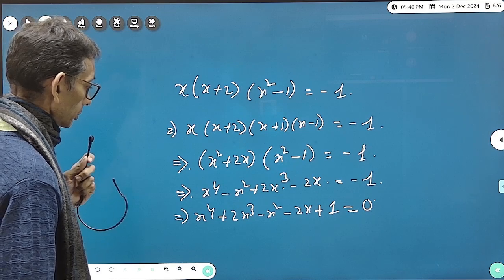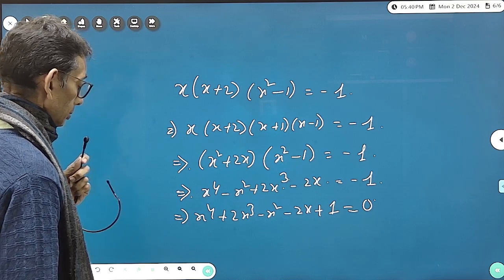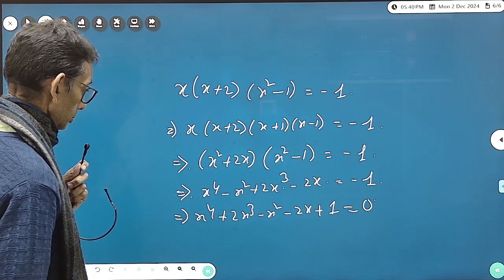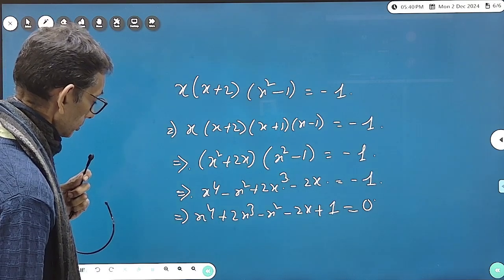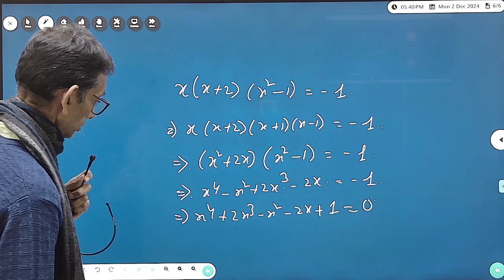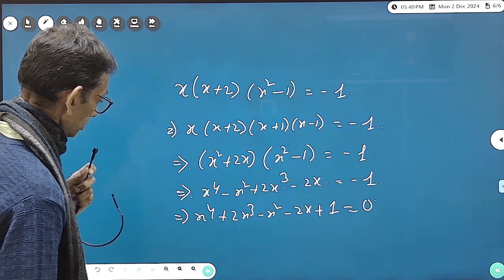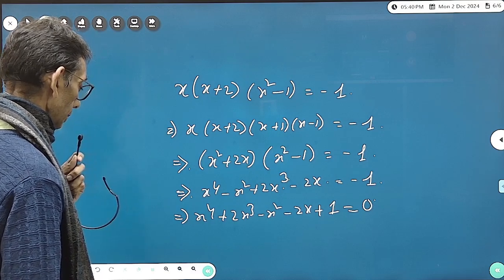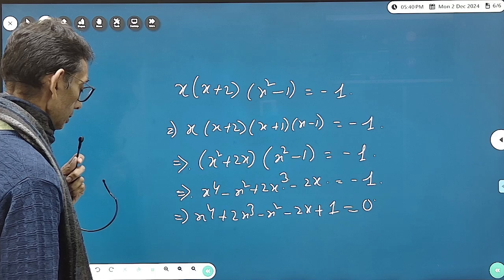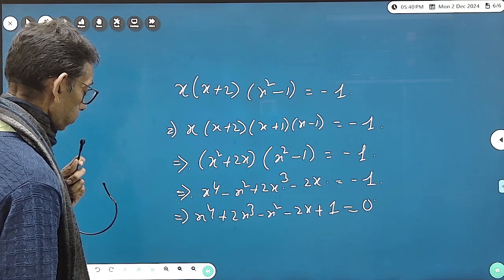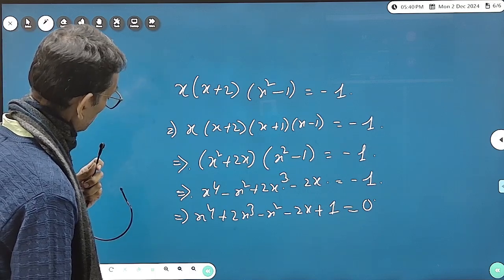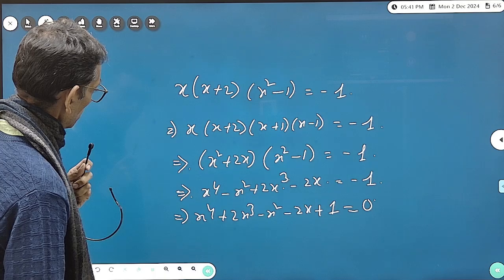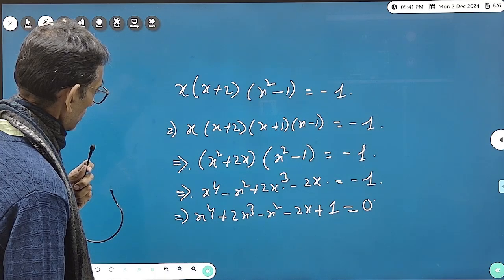So it will become x to the power 4, 2x cube, minus x square, minus twice x. So it is becoming biquadratic.